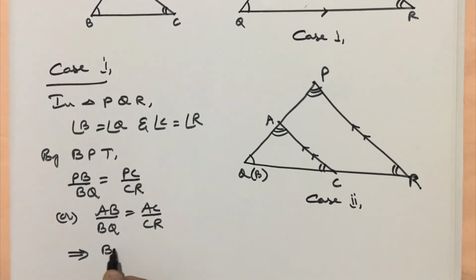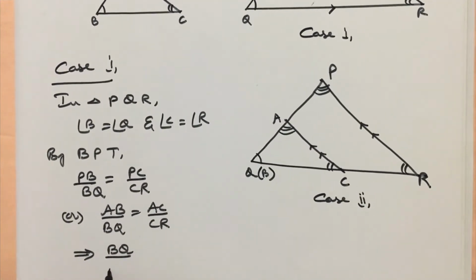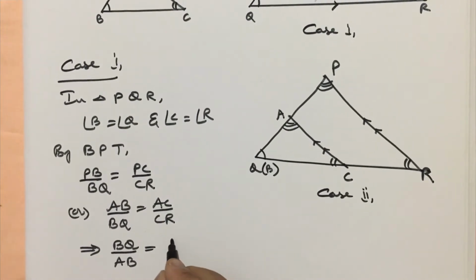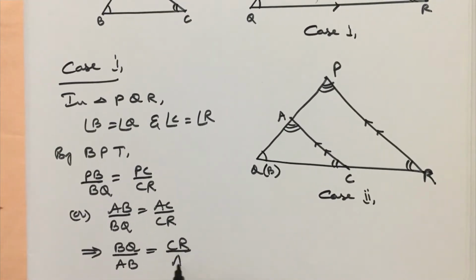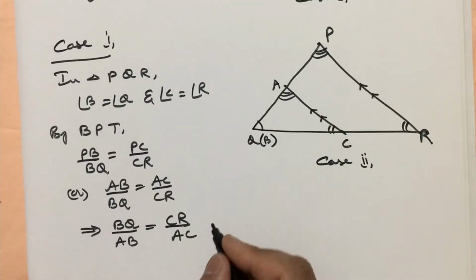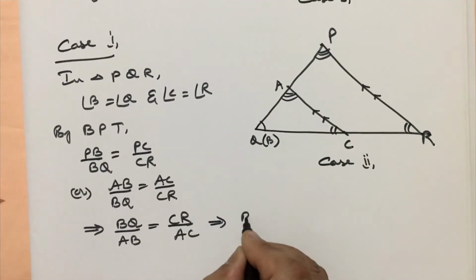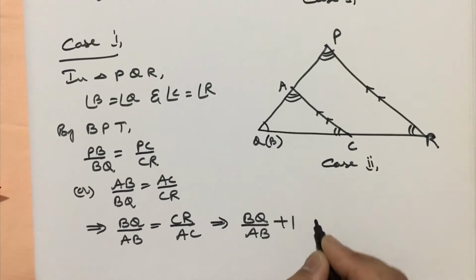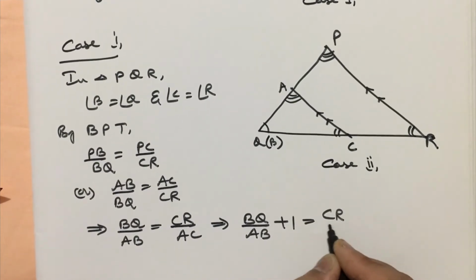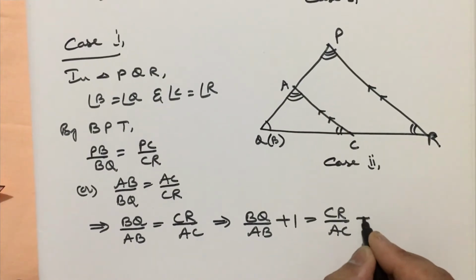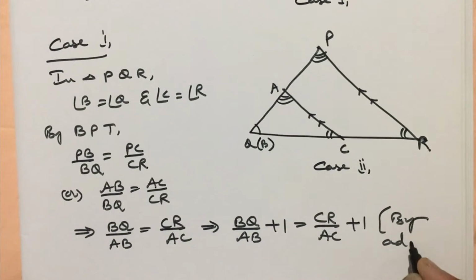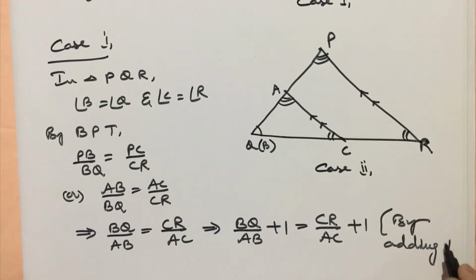I am taking it in a reverse manner, reversing the fraction, so I can get this one. Now I am adding 1 on both sides: BQ by AB plus 1 is equal to CR by AC plus 1.